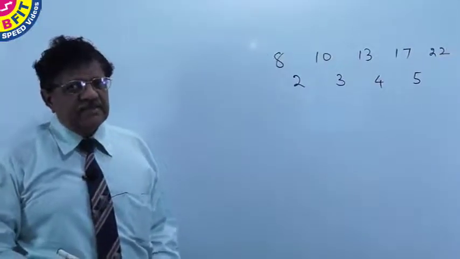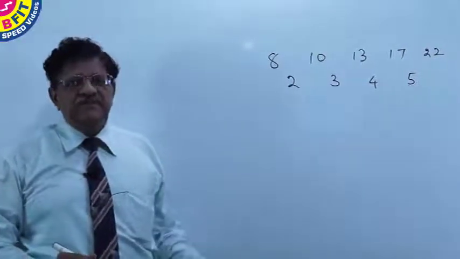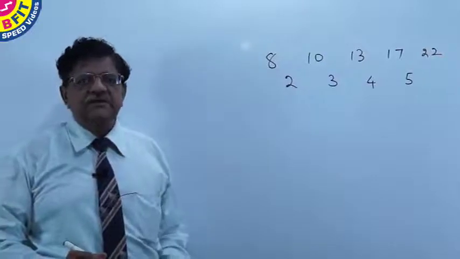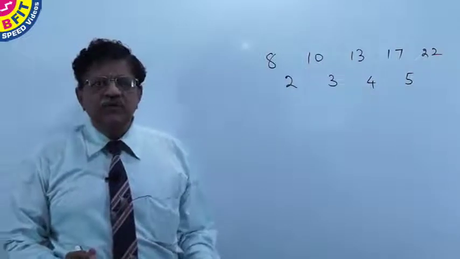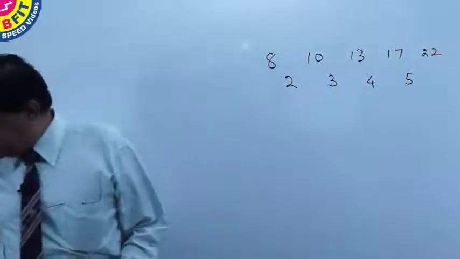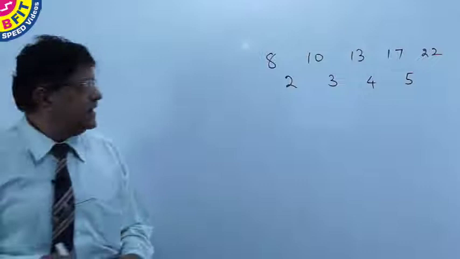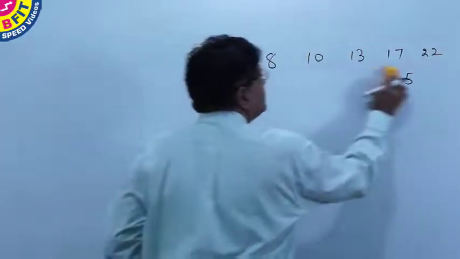Some of the series will be based on addition, some of the series will be based on multiplication, some of the series will be based on exponentiation. So how to find out which one is involved? You have to look at the numbers.